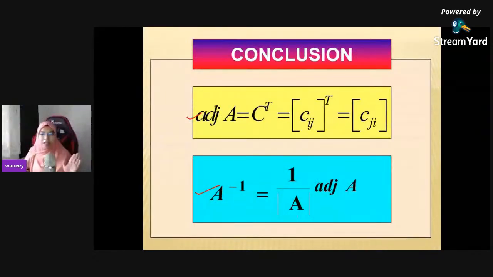If your determinant is not equal to 0, you will get an inverse. So do make sure to calculate the determinant first.